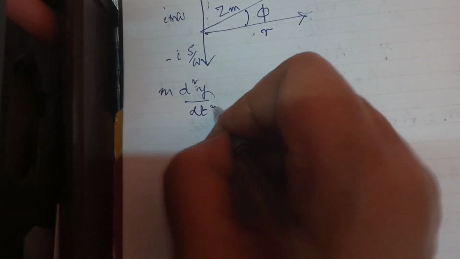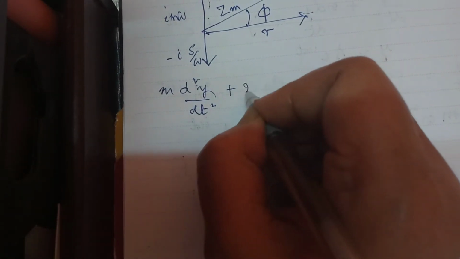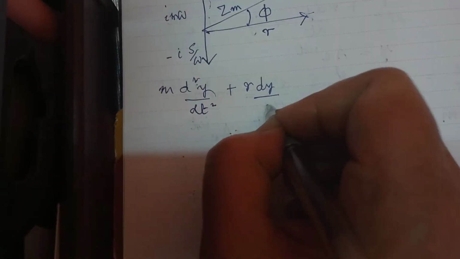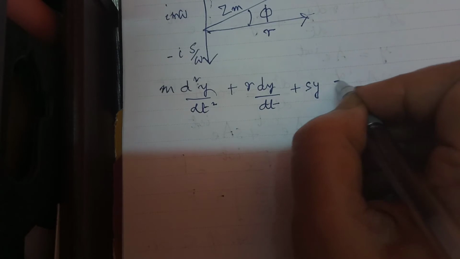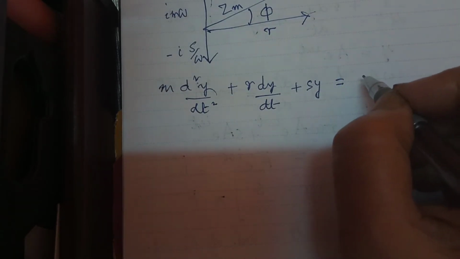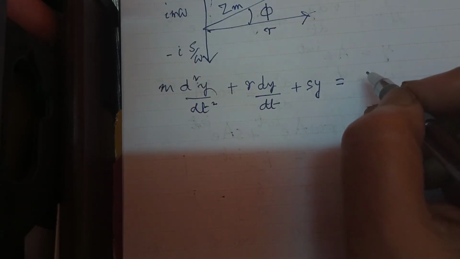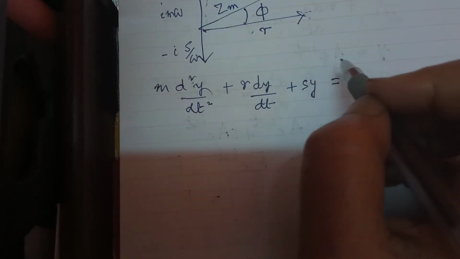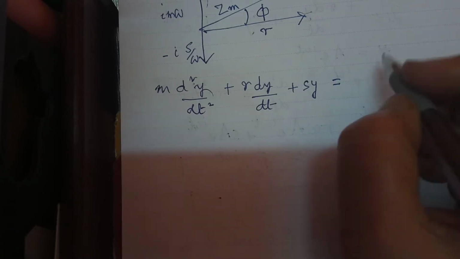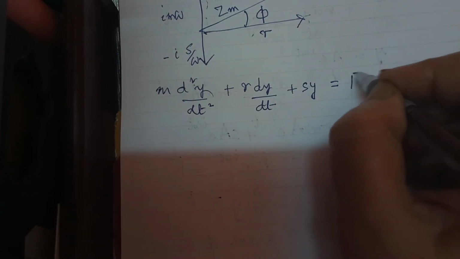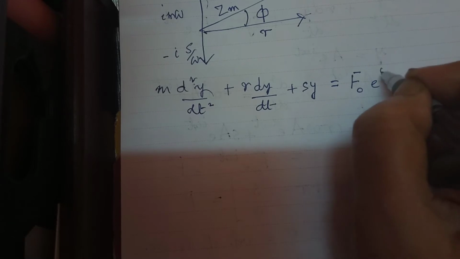If you remember that, you write it down, plus R dy/dt plus Sy equal to 0 for the damped oscillator. So the displacement of the oscillation is equal to 0 prior to the application of the external periodic force, isn't it? But after the application of the external periodic force, this is how it gets modified.